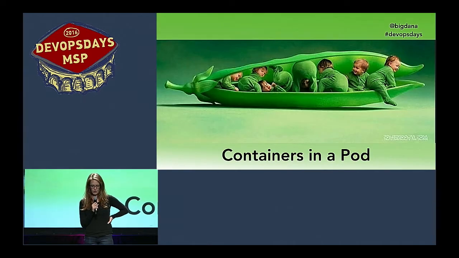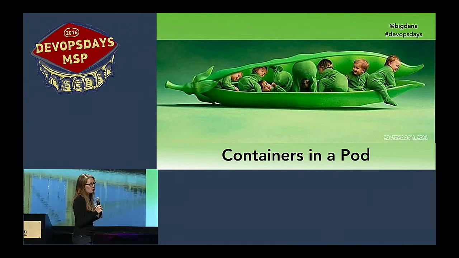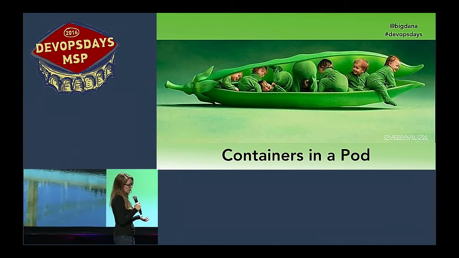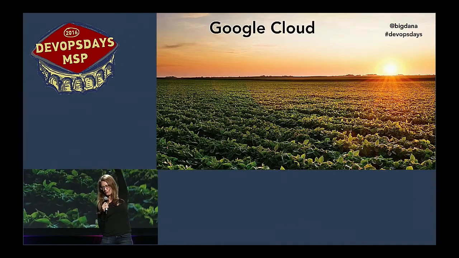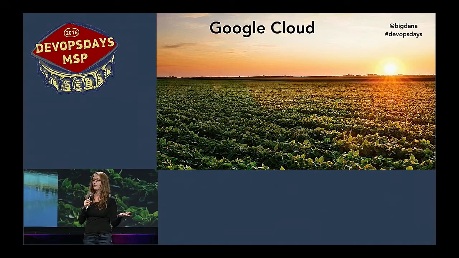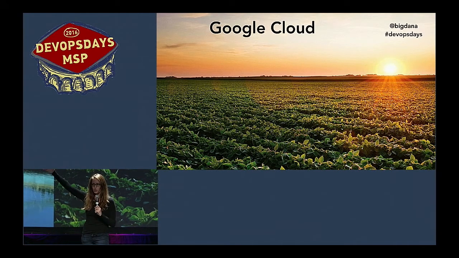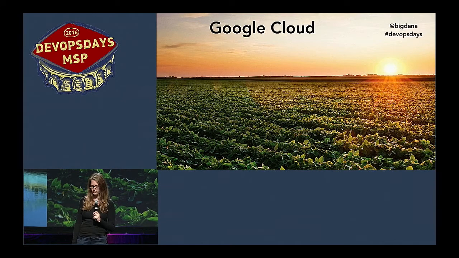Here are the Docker containers, which hold my code, okay? Kubernetes with the Google Cloud infrastructure can basically make clusters that are large farm fields, and it allows my code to be scalable.